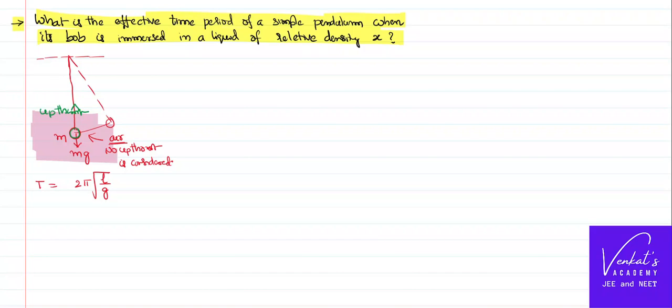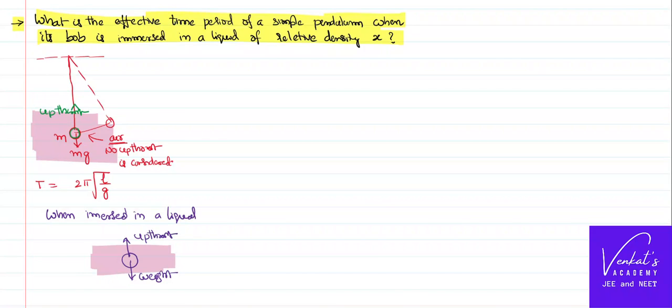So what I would like to discuss now is what happens to the resultant force on the bob when it is immersed. Of course, its weight always acts in the downward direction, and as it is immersed in the liquid, as I told you earlier, there is a force called upthrust. Upthrust always acts in the upward direction.